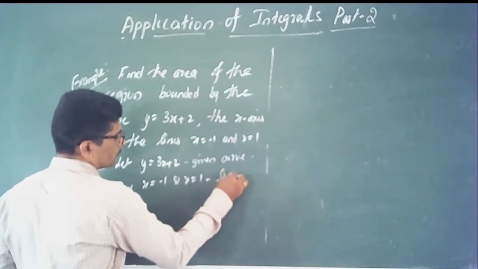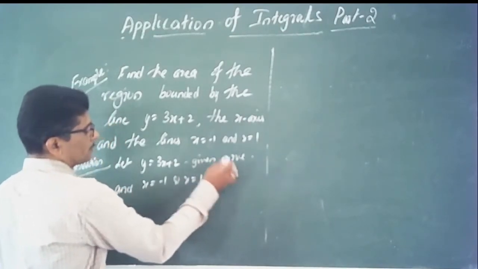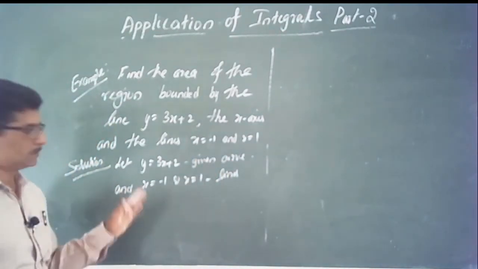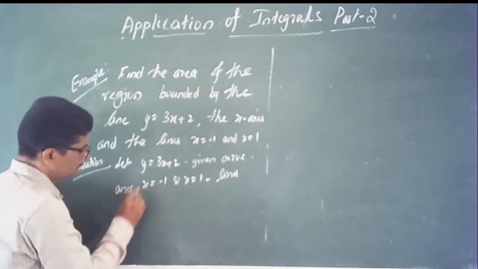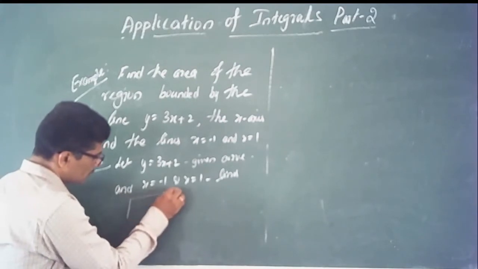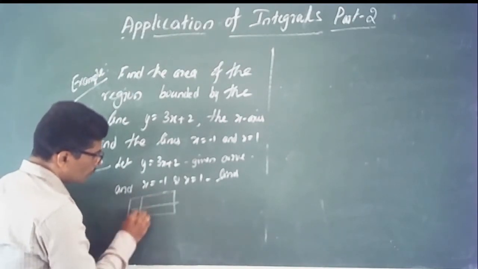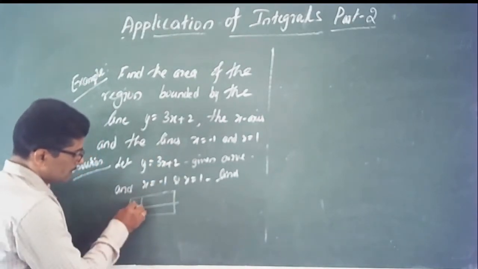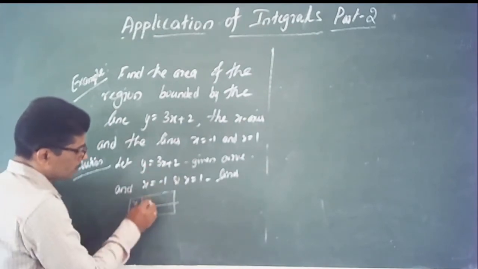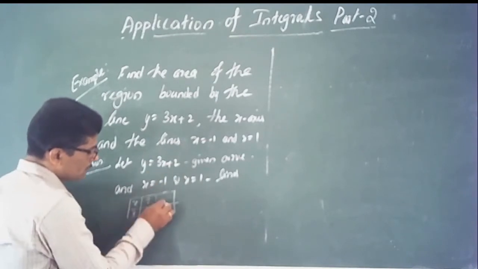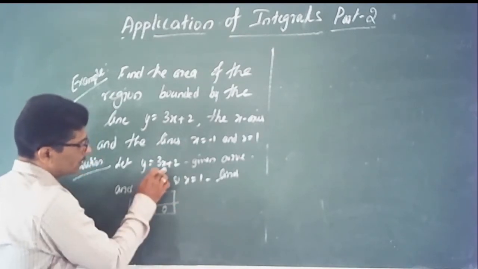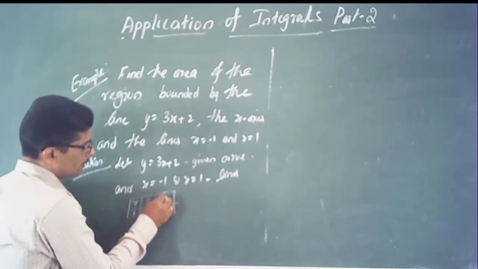These lines are parallel to the y-axis. Just remember, here you know that suppose drawing this line, the slope is 3 and the y-intercept is 2. Here x and y, put x equal to 0, you get y as 2, and y is equal to 0, you get the value of x. x is -2/3.